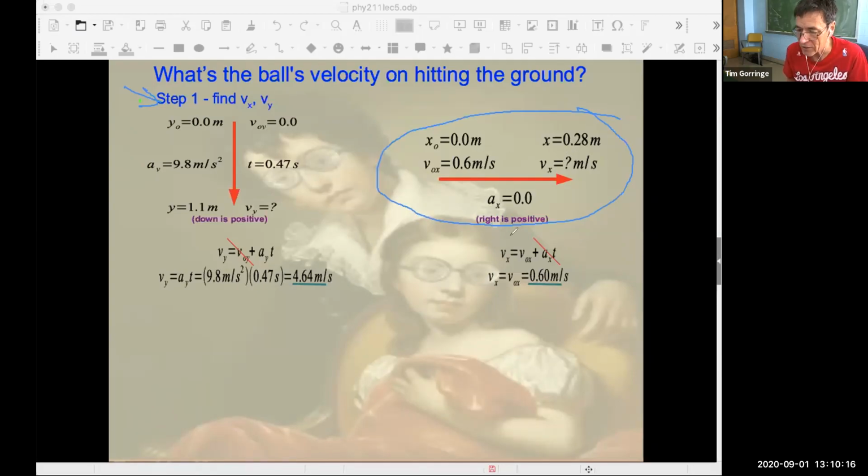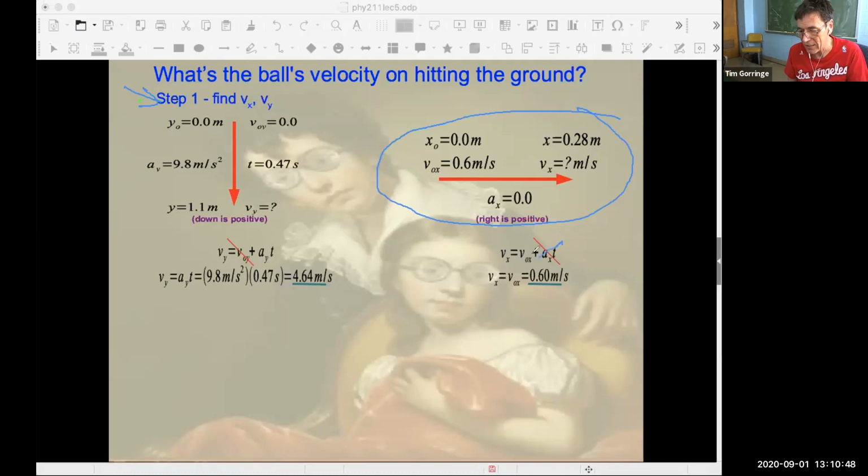But that's obvious, actually, if you think about it. If there's no acceleration, the final velocity here must be the same as the initial velocity. And so this is going to be 0.6 meters per second also. Just to be thorough, I wrote down the equation that describes that fact. This is an equation of motion that says the final velocity in general is equal to the initial velocity plus acceleration times time.